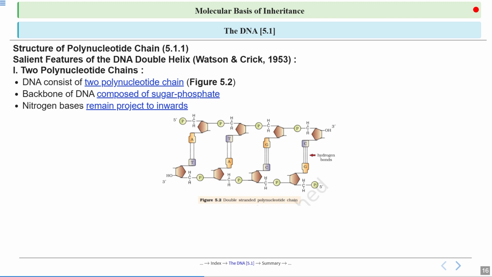But these nitrogen bases, that is adenine, thymine, guanine and cytosine, project inward. Why? They make a complementary bond with each other with the help of hydrogen bonds, so they will be inwards, whereas the sugar and phosphate are the backbone of the DNA. So this is the first salient feature of the DNA double helix, that it consists of 2 polynucleotide chains.